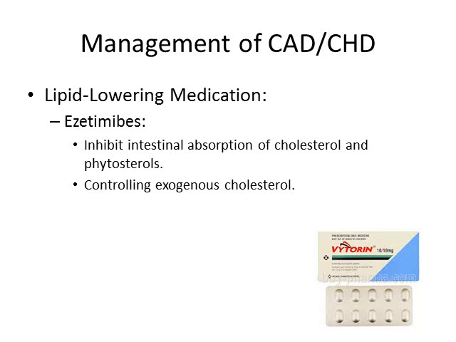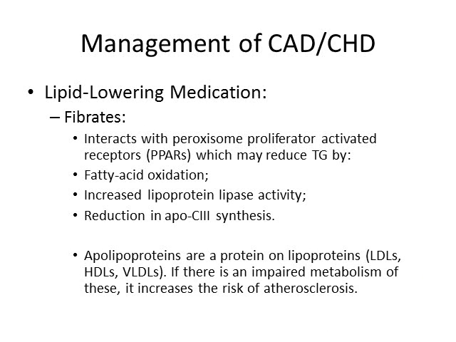How they work in regards to managing lipids is that they inhibit intestinal absorption of the cholesterol and phytosterols. Phytosterols are really just plant cholesterols. The difference between your statins and the ezetimibes is that these focus really on the exogenous cholesterol. So they control that because obviously food is going in through the gut.